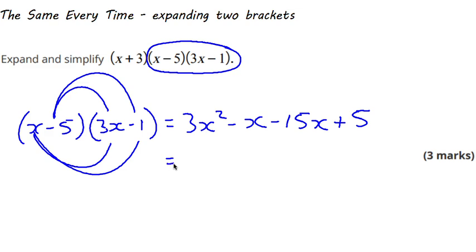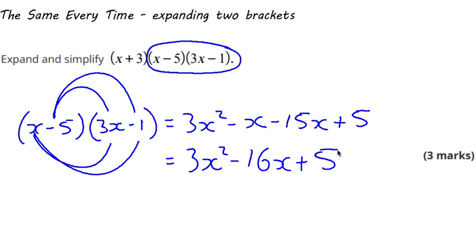Let's simplify that. How many x squareds do I have? Just 3x squared. And then the x's, negative x, negative 1x, minus 15x. Start at negative 1 on the number line, take away 15, so move 15 to the left. Negative 1, take away 15, gives me negative 16x, and then the number on its own there is plus 5.